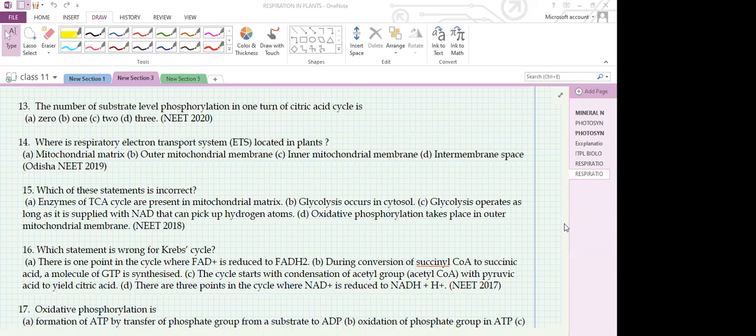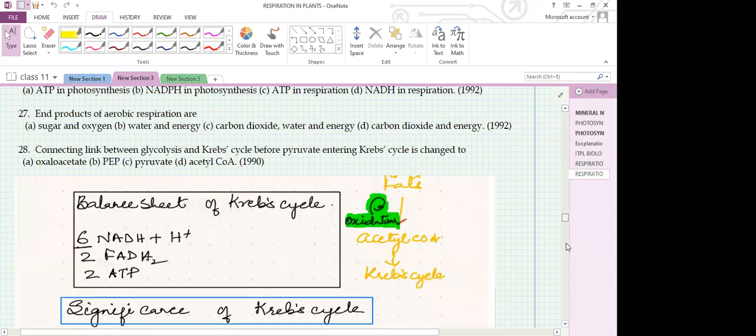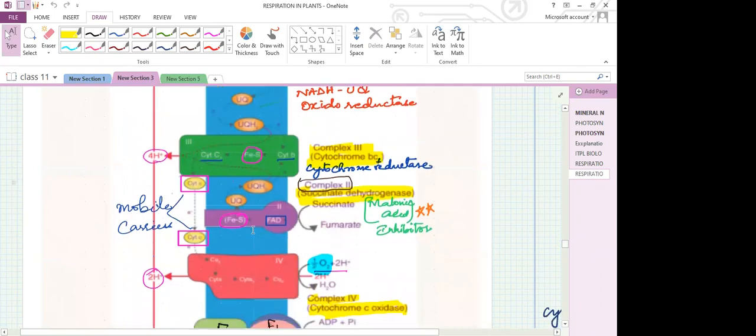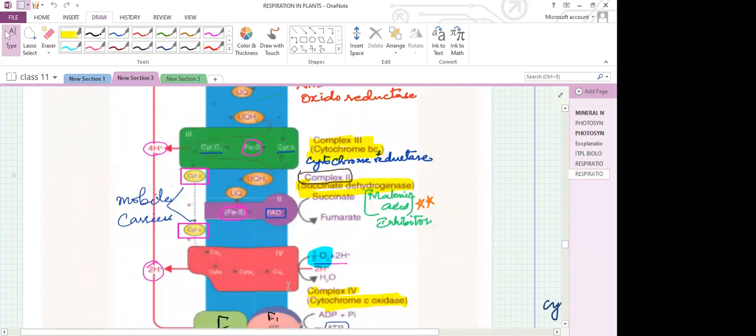Look into your book, or look into the picture I'm showing. Electron transport: who carries it? Who gives it? Can you see here? Cytochrome.